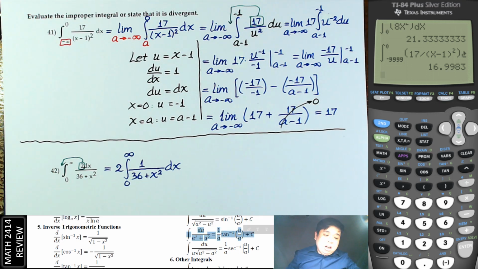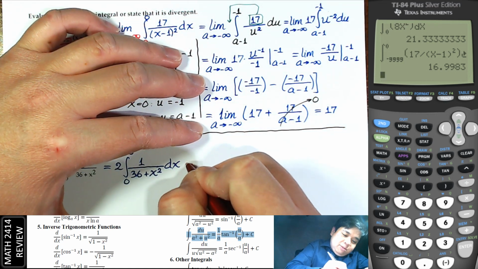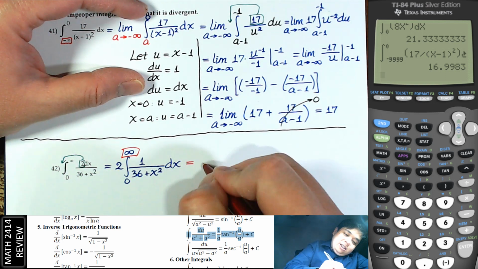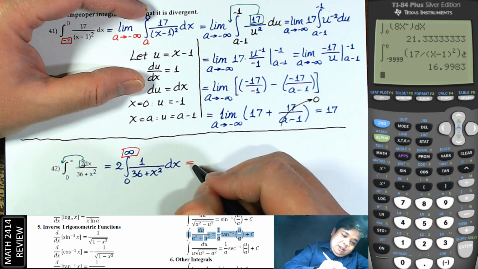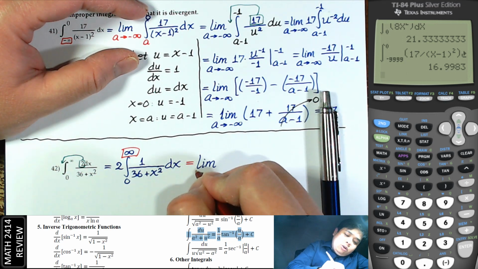Right, so I rewrite a little bit. But first, of course, take care of the limit. To make it a proper integral, the upper limit, so let's use b for it.